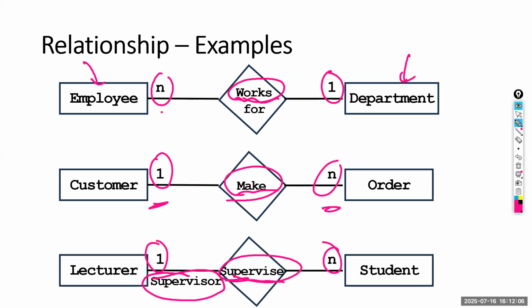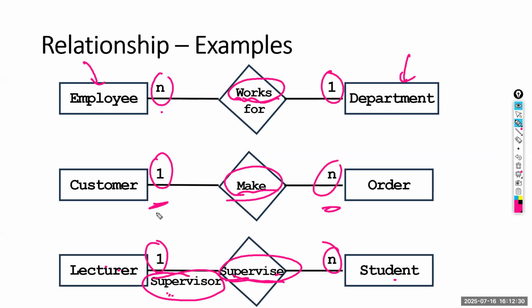So what is meant by role name? For example, when a lecturer supervises a student, the lecturer plays the role of a supervisor. Lecturers are supposed to deliver lectures, but when a lecturer supervises a student for a project or something, then the lecturer plays a special role called supervisor.